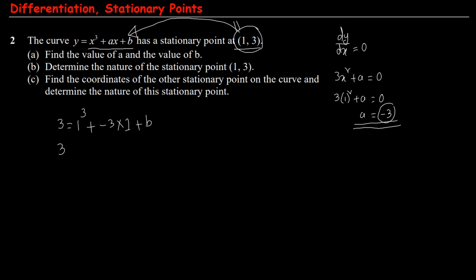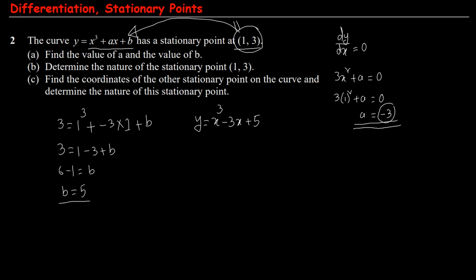So 3 equals 1 minus 3 plus b, so 6 minus 1 equals b, or b equals 5. So this is our value of a and b. Now our main equation, y equals x cube minus 3x plus 5. This is our curve equation.